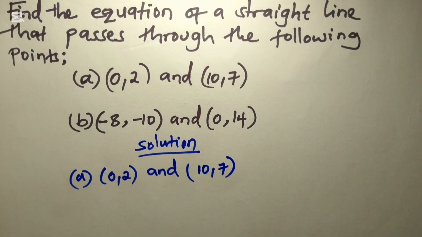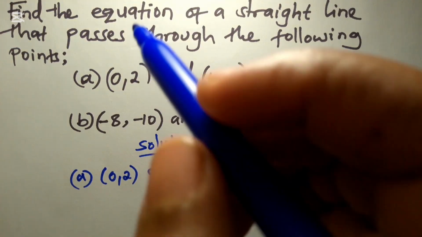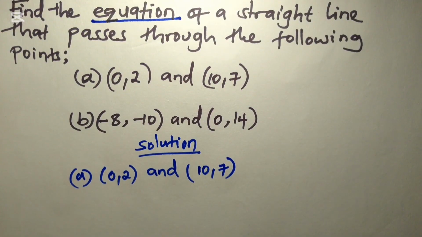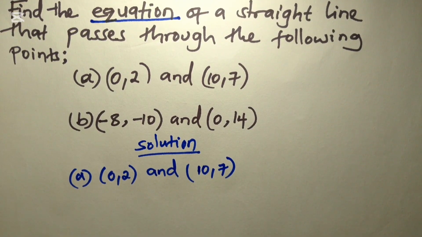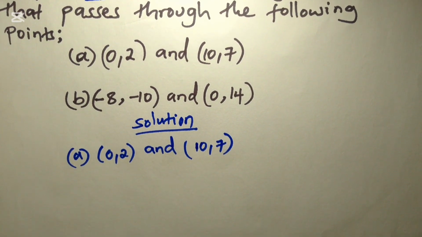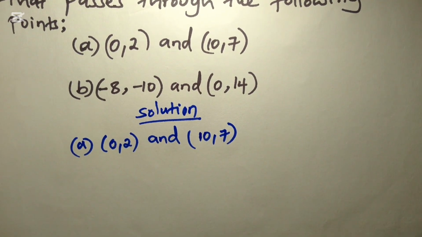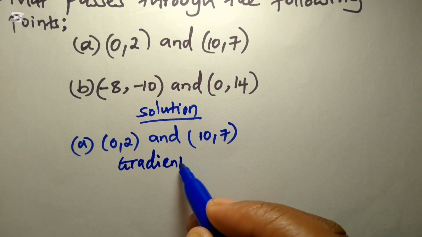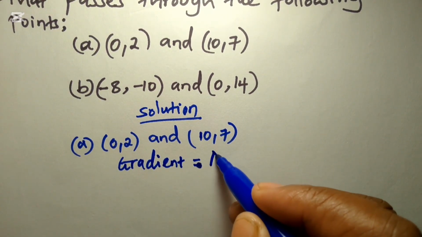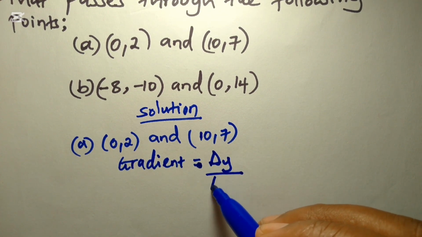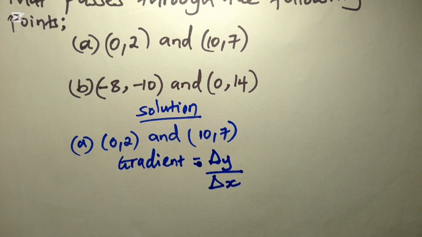For you to find the equation of a straight line, you are first supposed to find the gradient of that line. The gradient of a line is given by the change in y coordinates over the change in x coordinates.